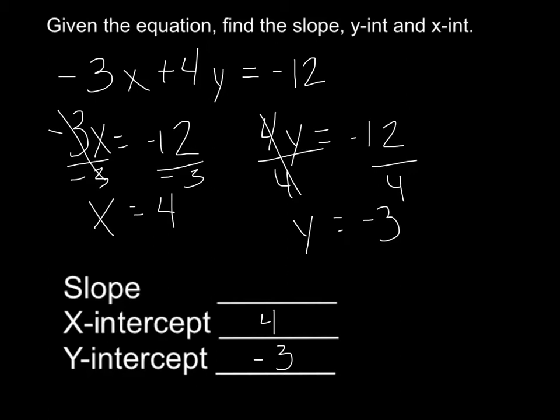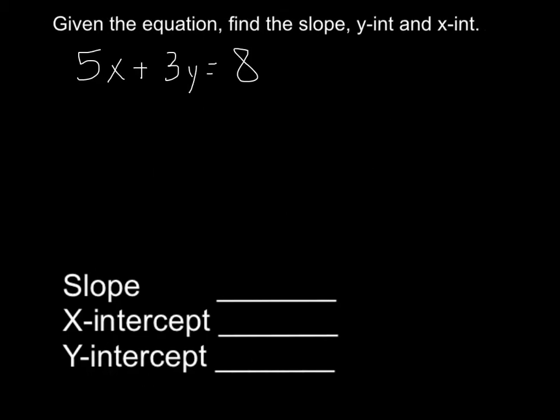Okay, your slope, remember, is the y-intercept over the x-intercept, so negative 3 over 4, but we need to make it opposite, so this was negative, so now my slope needs to be positive 3 over 4, because you want negative of all that. Okay, so you do the opposite of y over x.